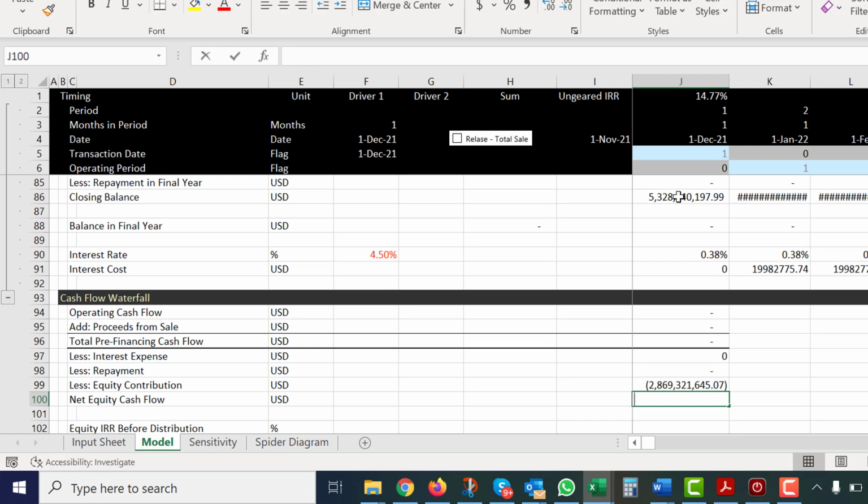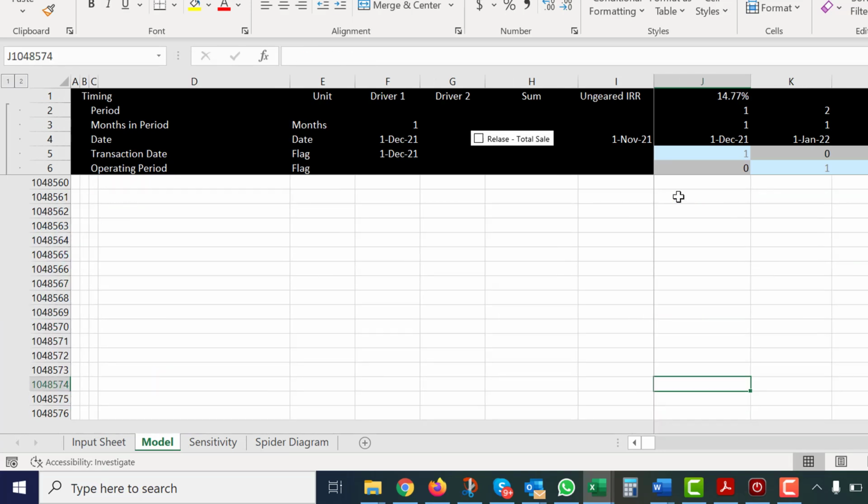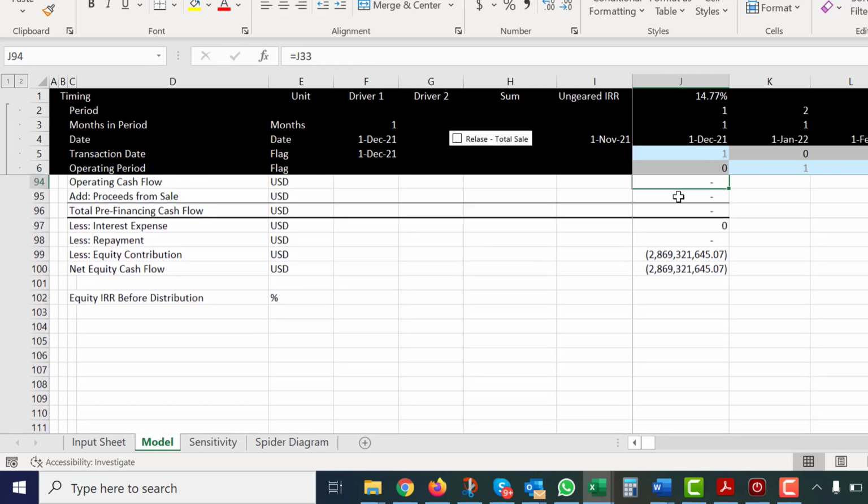And our net cash flow will be our pre-financing cash flow minus the interest minus the repayment plus the equity.